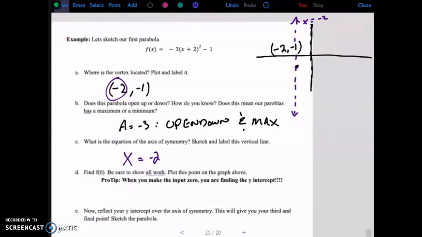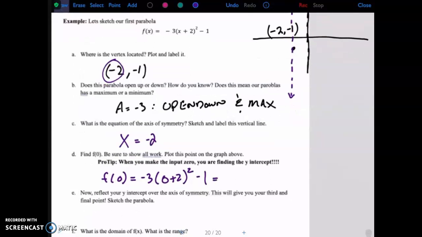Pro tip. When you make the input 0, you're going to find the y-intercept. So let's find the y-intercept real quick. In order to graph a parabola, I need 3 points. One needs to be the vertex, and then the other two, one needs to be on the left, one needs to be on the right. So my favorite input is 0. f of 0 is going to be -3 times (0 plus 2) squared minus 1.